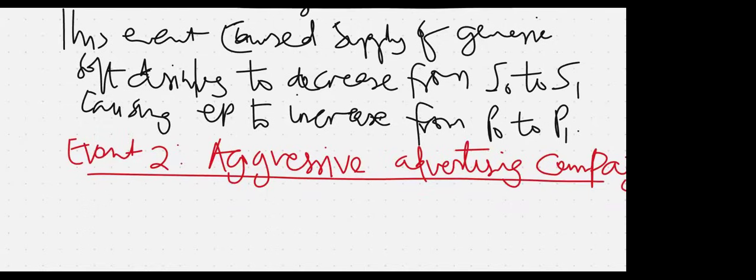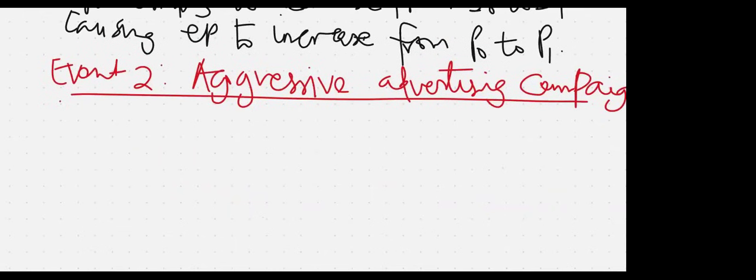So this event, right? This event costs... The first one affected supply. So this will affect demand.